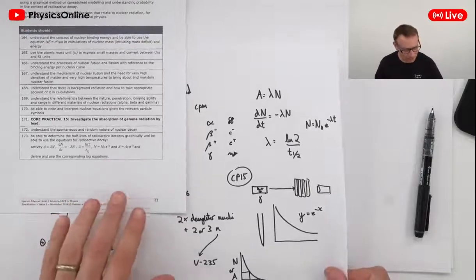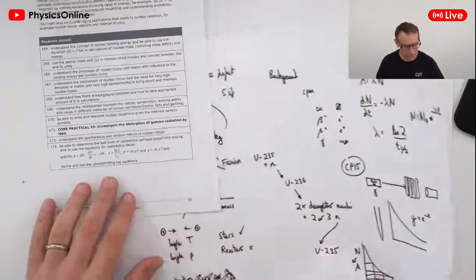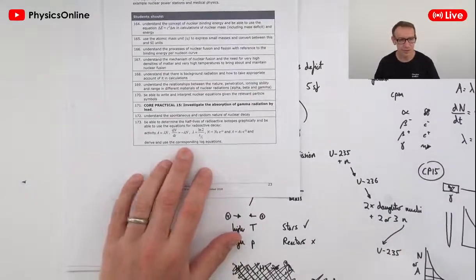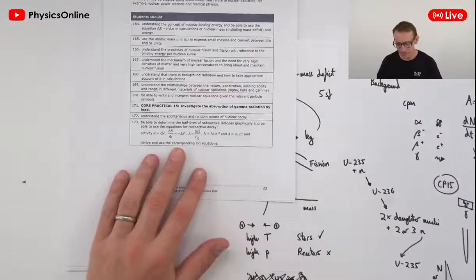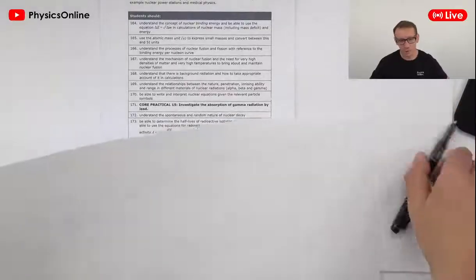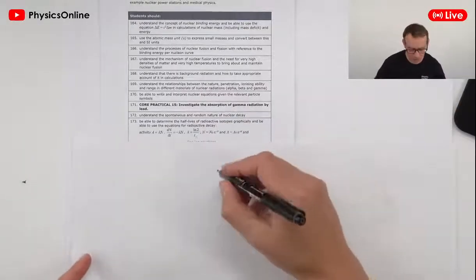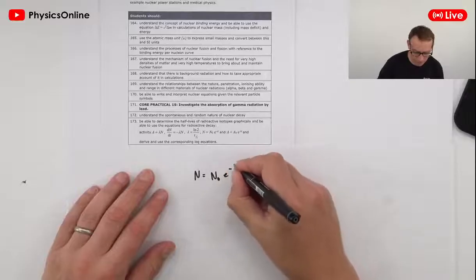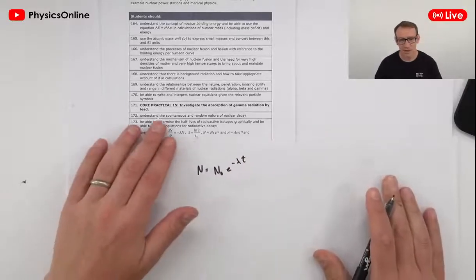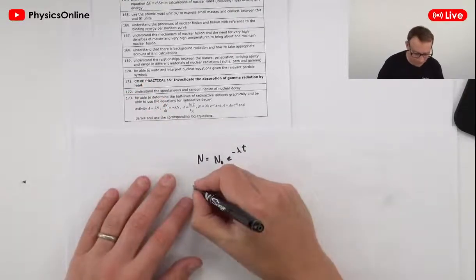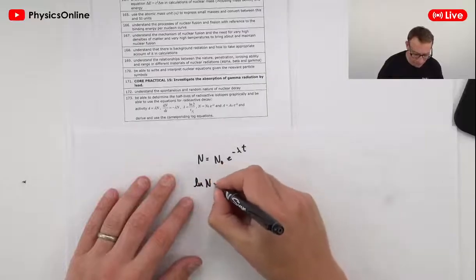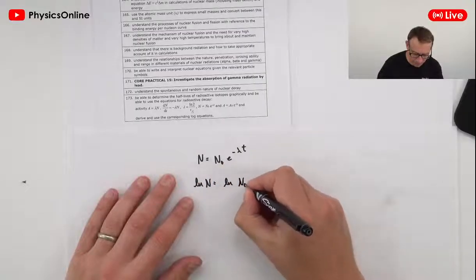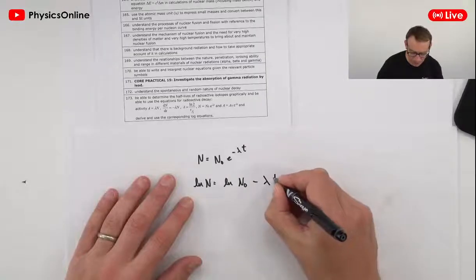Okay, and it says derive and use the corresponding log equations. So I think for this, the important thing that all of you know about is that N is equal to N naught e to the minus lambda t. If you were to take the natural log of both sides, we could say that the natural log of N is equal to the natural log of N naught minus lambda t.